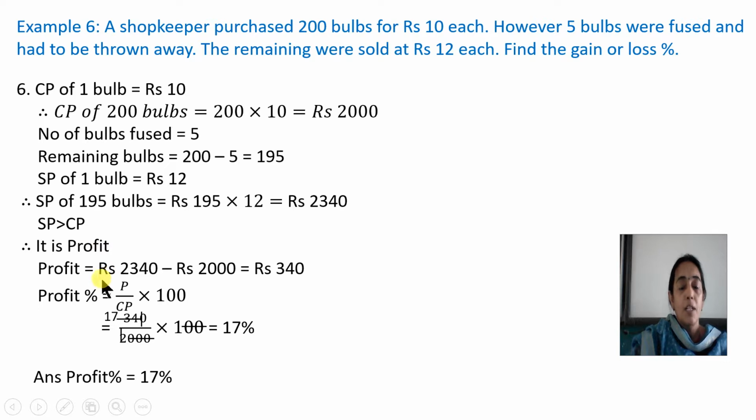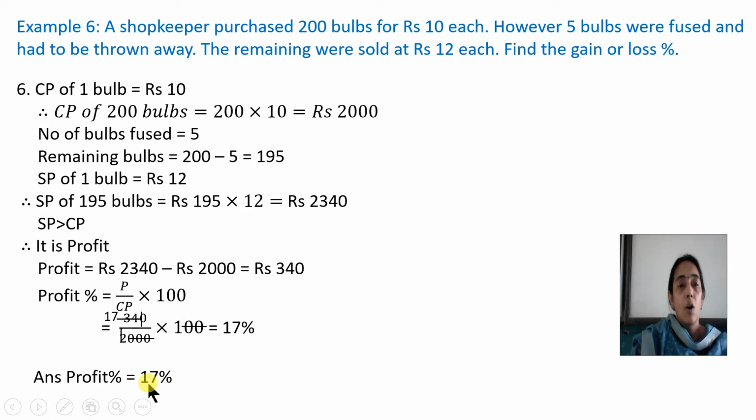Find the profit and then to find the profit percent, use the formula profit upon CP into 100. So 0 and 1 0 gets cancelled and 2 zeros get cancelled. 2 ones are and 2 17s are. So profit percent is equal to 17%.